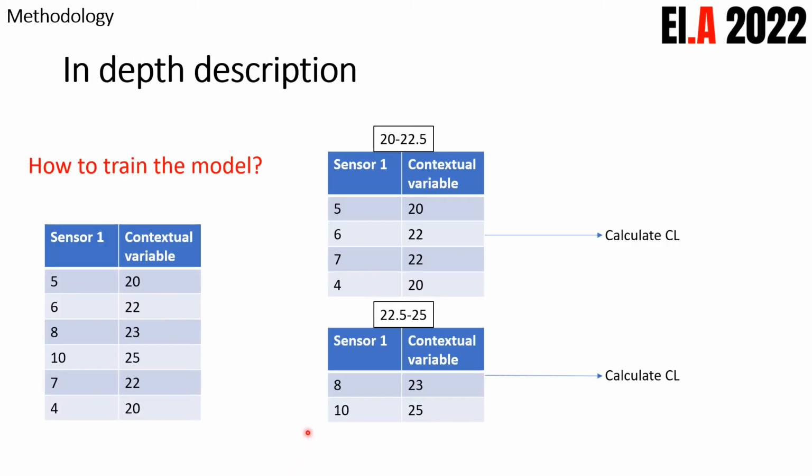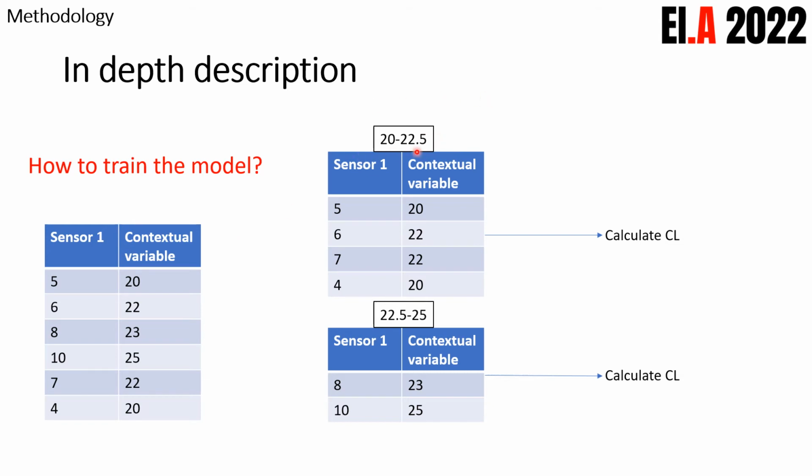Now that the contextual variable has been determined, the next part is training the model with the training data, of course. What we see here is the contextual variable with its measurements along with whatever sensor it's highly correlated with. Then we create different bins of the contextual variable, measured from the minimum to the maximum value with a certain size.